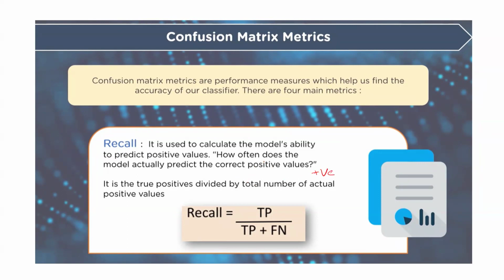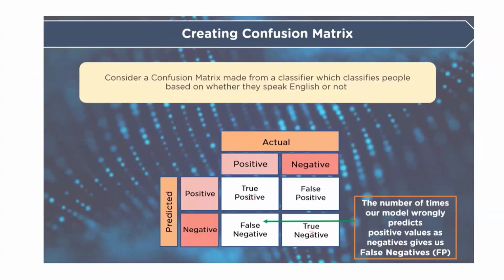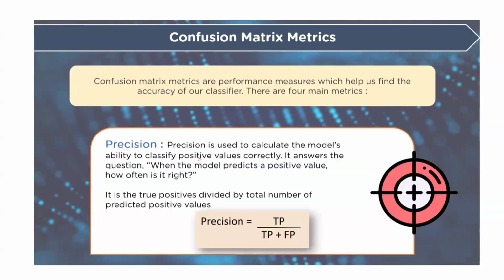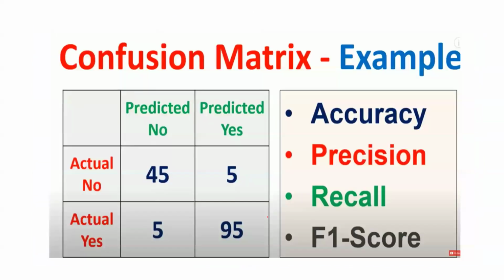That is given by recall. So it is true positives divided by the total number of actual positive values. When you see this confusion matrix, the actual positive values give TP divided by TP plus FN. This is given by the recall.